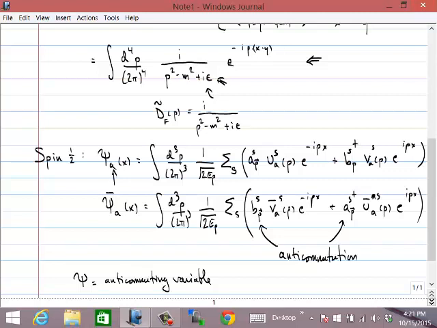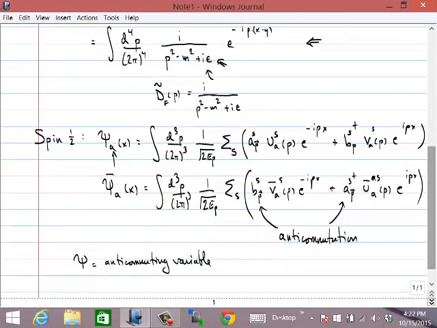So if you think of phi as a classical variable, it's one number per point in space-time. Psi, you can think of as a classical variable, a set of 4 numbers per point in space-time. But because these raising and lowering operators obey anti-commutation relations, they're anti-commuting numbers. Sometimes they're known as Grassmann numbers.